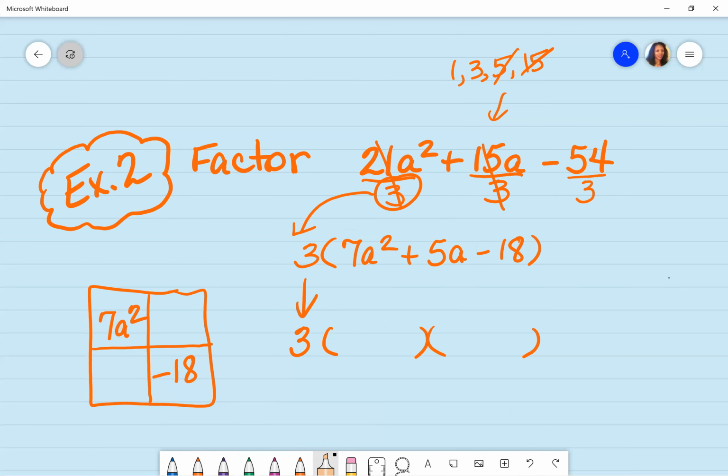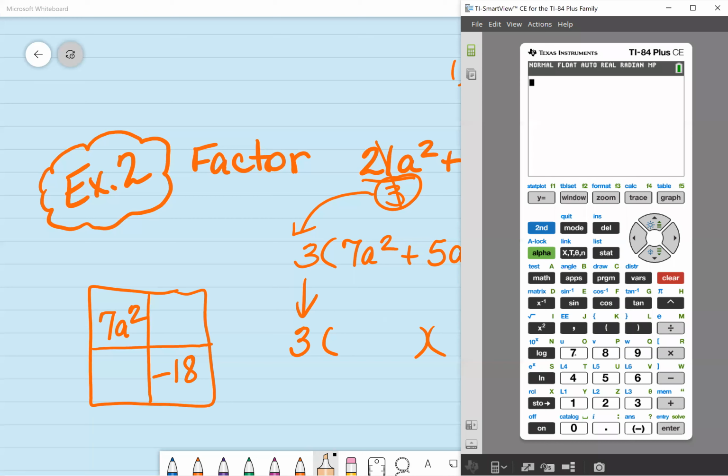Let's go back to our calculator. So that's going to be 7 times negative 18, which is negative 126. That is what's going to go under my y equals button. So I'm going to go to y equals. And if you put the minus sign, which is the one in gray, you're going to get an error. You want to use the negative sign, which is the one below 3. So negative 126 divided by x, and the x is under the mode button. That's the one you're using.